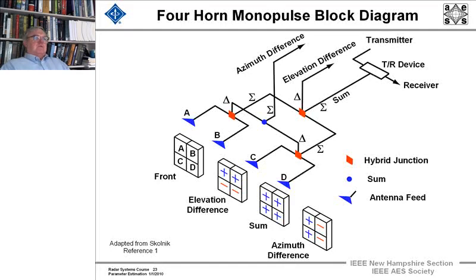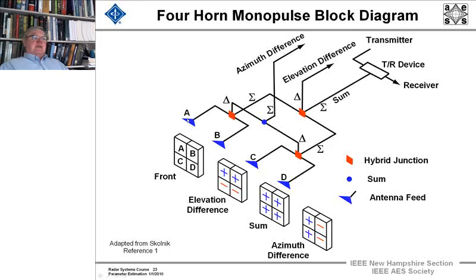They're receive horns, and we're looking at the front, and I'm going to denote them A, B, C, and D. And there's a set of functions that we do to generate the azimuth difference, the elevation difference, and the sum, and then go into the receiver. Okay? Now, these symbols are for hybrid junctions, sums, and the antenna feeds.